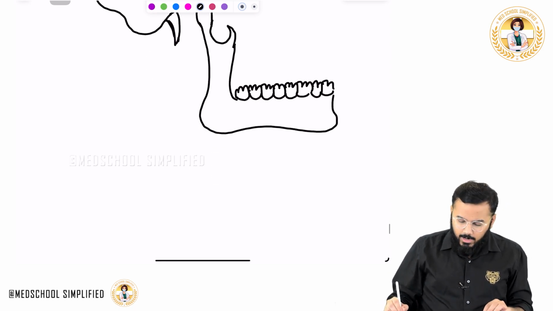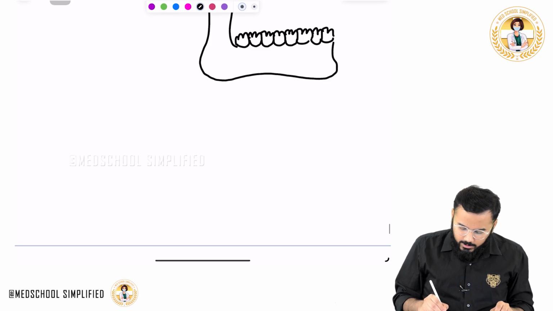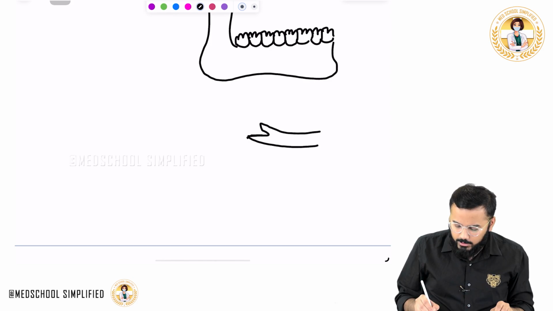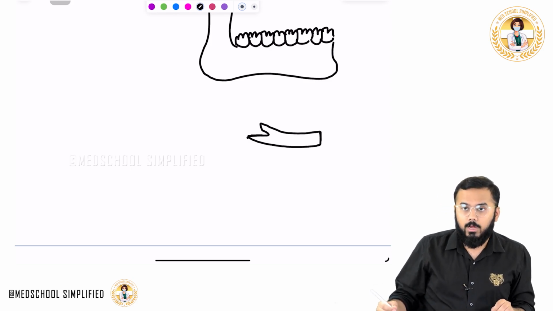And all of you know one very important thing, that just beneath your mandible you have got a bone like this. This particular bone located beneath your mandible is called your hyoid bone.